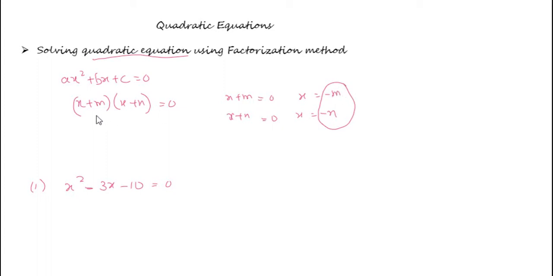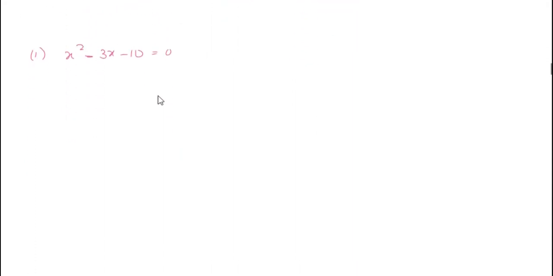How are we going to express the quadratic equation in terms of two linear factors? Let us discuss that with an example here. Let us take an example. x square minus 3x minus 10 equal to 0.